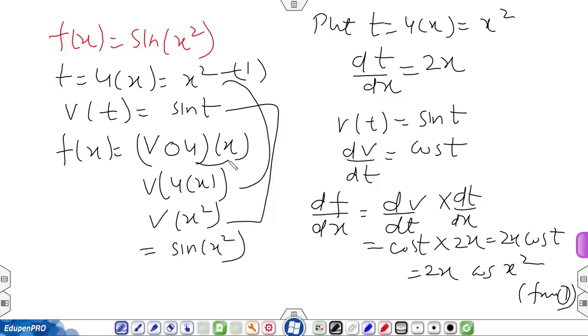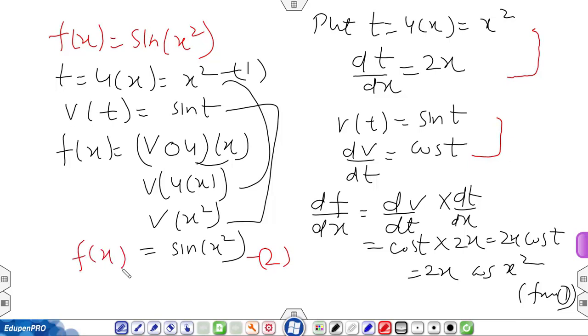Now from 1, your t is u of x, x square, so dt by dx becomes 2x. Now v of t is sine t, v is a function of t, so dv by dt becomes cos t. Now come to equation 2.